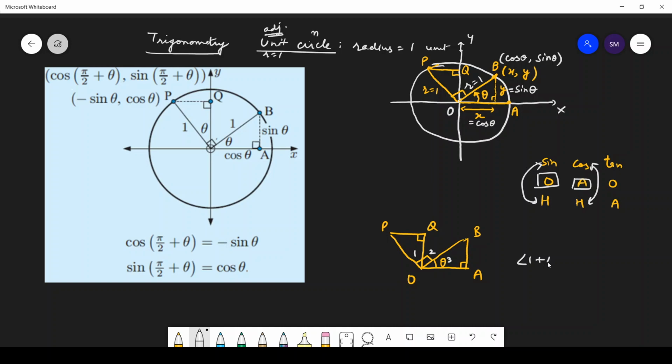So angle 1 plus 2 is equal to 90 degrees, and angle 3 plus 2 is also equal to 90 degrees. Comparing these two equations, I can tell that angle 1 is equal to angle 3, and that's equal to theta. So this angle is also theta.